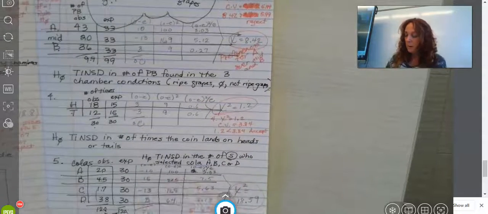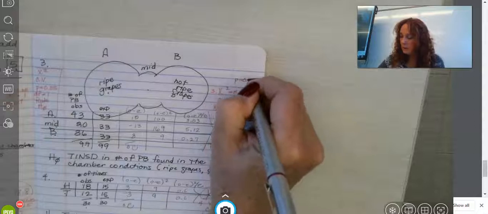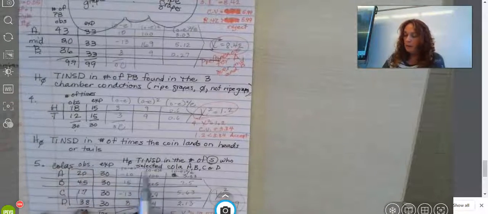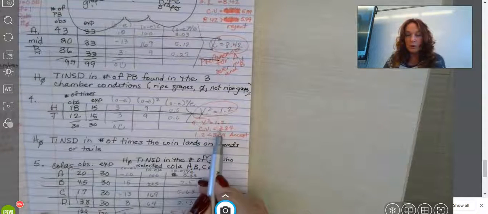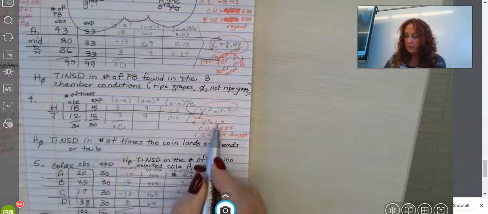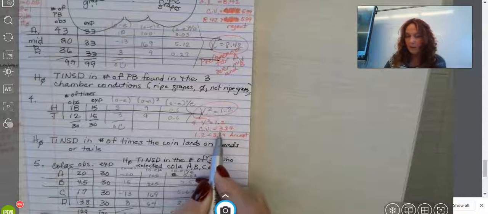All right, so let's look at 4. Did I come over here? I didn't put it. So p-value is 0.05, degrees of freedom equals 2. Chi-square I got was 1.2. Well, I knew these looked like they were close, so that chi-square value is low. I go to the critical value, you'd have to be over 3.84, and I'm not.